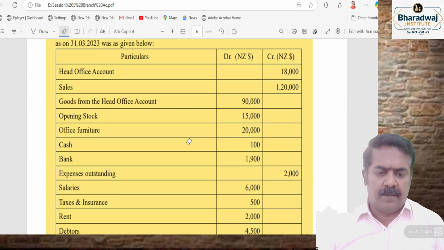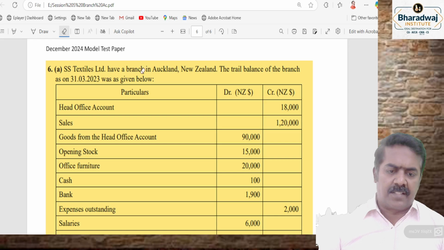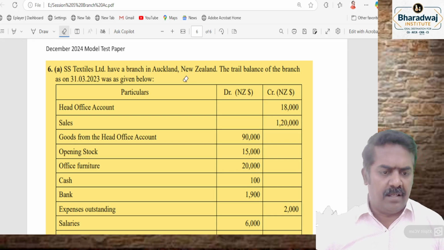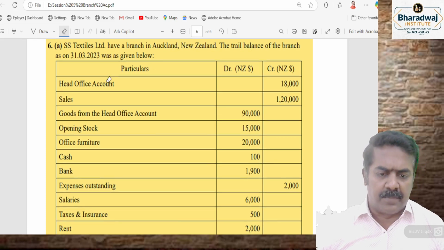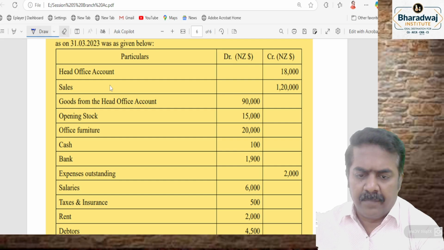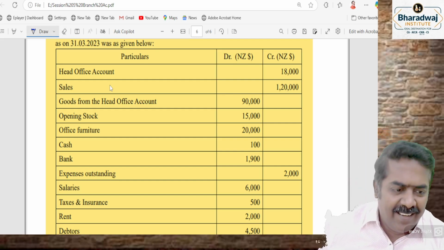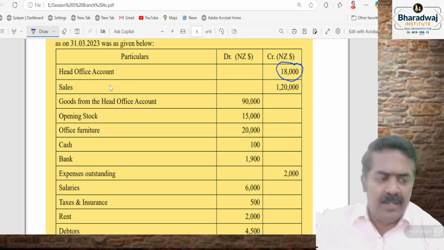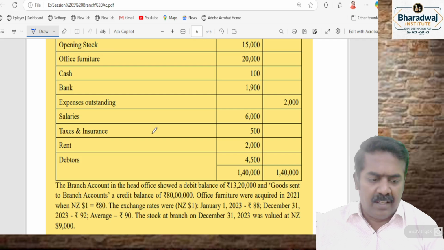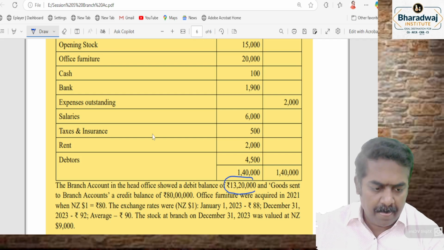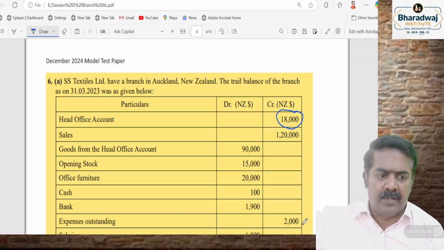Look at this question. SS Textiles has a branch in Auckland, New Zealand. The trial balance is given on 31st March 2023. We have to fix the rates of exchange. We are not going to solve, we will see the solution. Head office account, we will take actual value. What is the actual value available? 13,20,000.